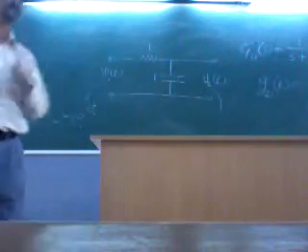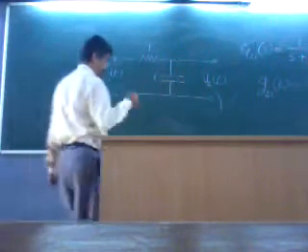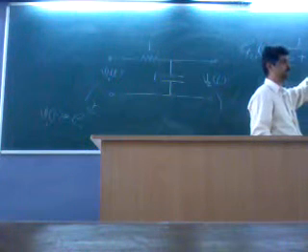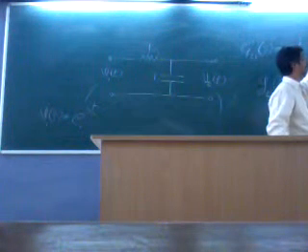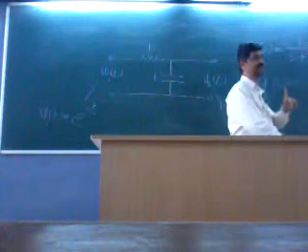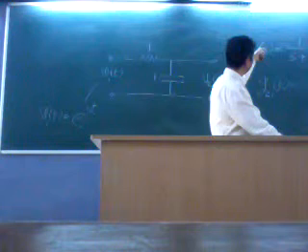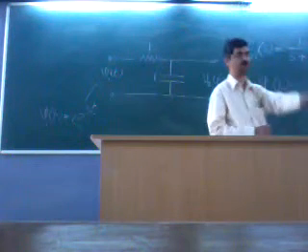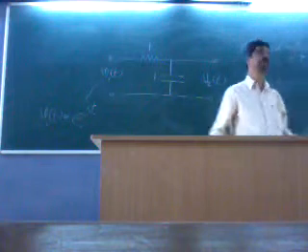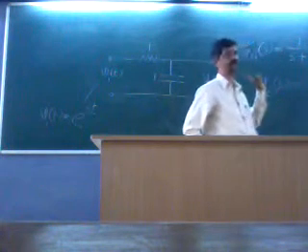So the question is very clear. If G21(s) is the ratio of V2(s) upon V1(s), which is the Laplace of v2(t) upon the Laplace of v1(t), then if I take its inverse Laplace transform, that is g21(t).